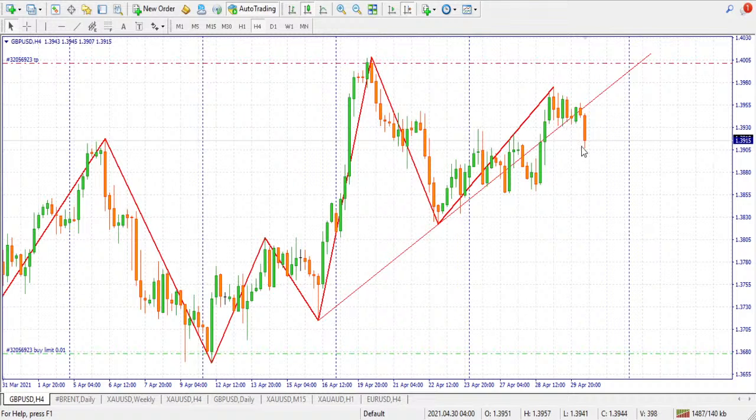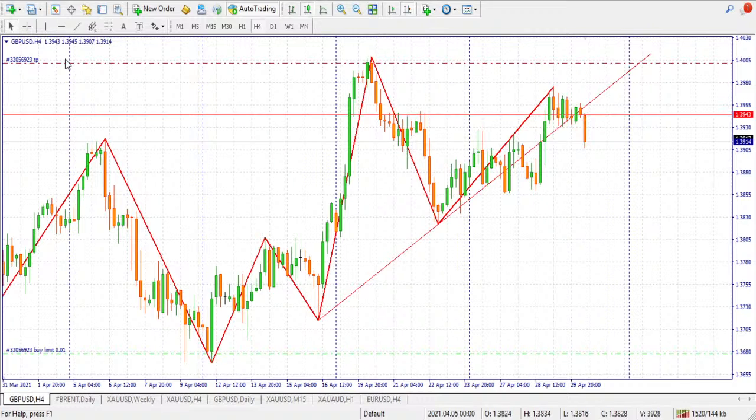If we are trading purely the zigzag indicator, then where the price is now could be the place. Actually, you could have taken a sell after the first candle which closed below this red line, somewhere here. Your stop loss should be fixed above this high.